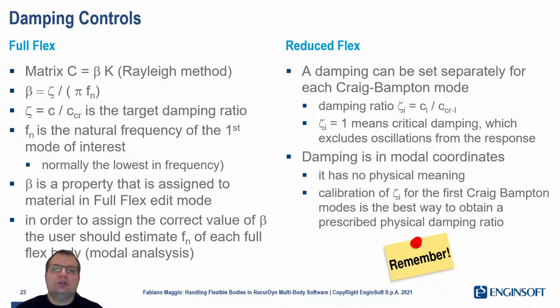So if you wanted to have a certain damping for a reduced flex body, the only thing you can do is to tune the damping ratios of the non-physical modes until you get the physical damping that you want to see in your system. So there is no alternative. You have to iteratively run the simulation with different values of these coefficients until you see the damping that you want to get.